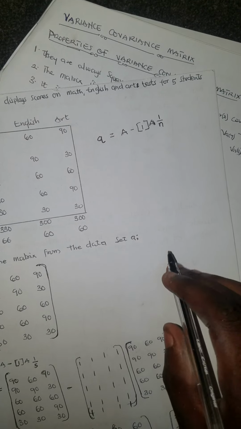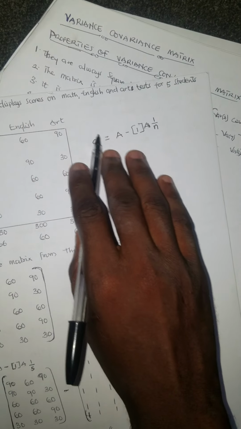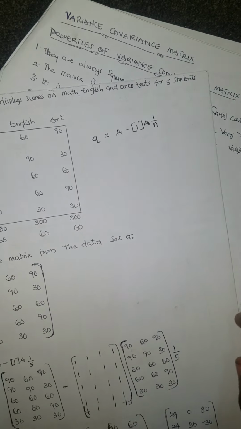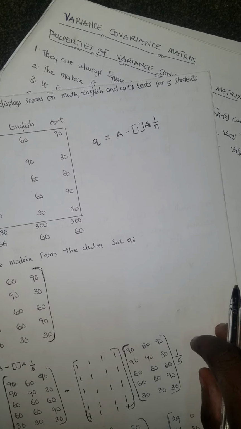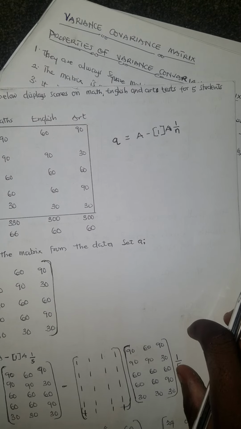So that is the deviation matrix. So that is how to find the deviation matrix.